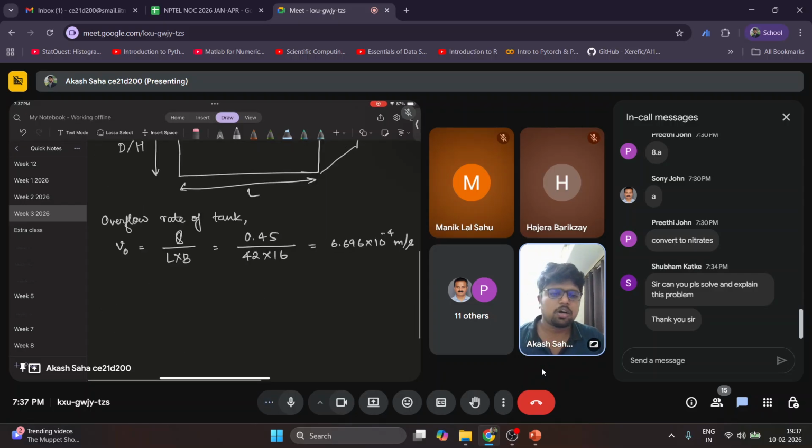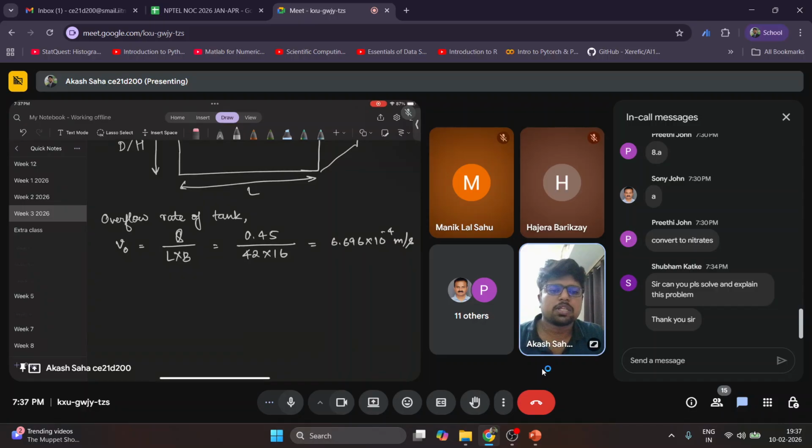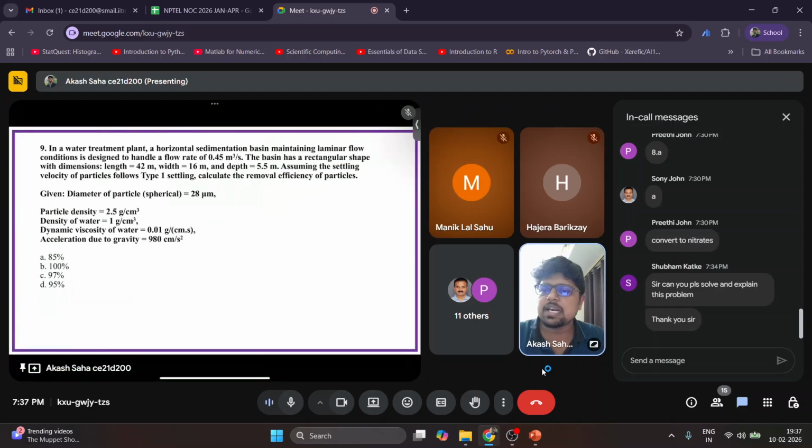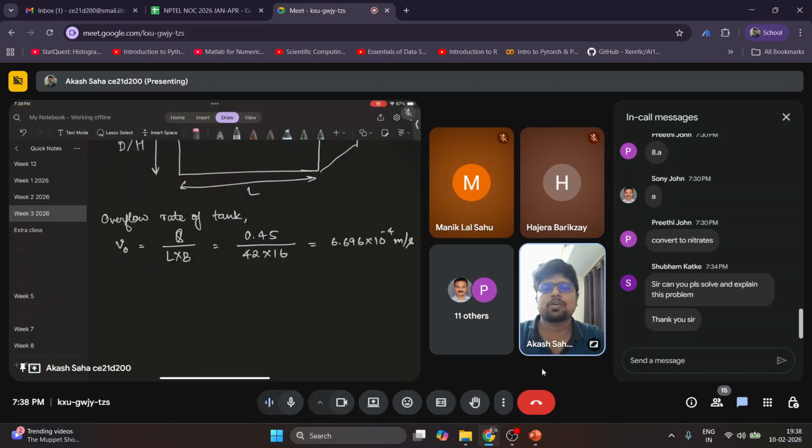Now, always remember the Stokes law is valid only for type 1 settling. Here they have clearly mentioned that the velocity of the particle follows type 1 settling. If it is written, then only we can apply the Stokes law to calculate the settling velocity, or else we have to find some other way.